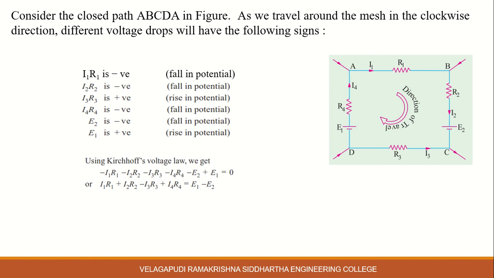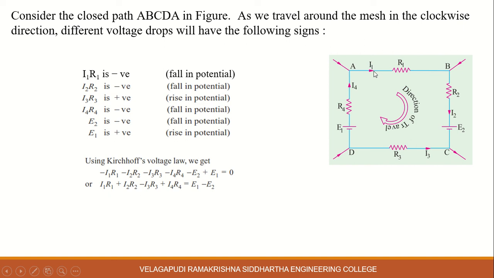From node A to B, C, D and A. The direction of traveling is the clockwise direction, starting from node A. Current I1 is flowing through resistor R1.